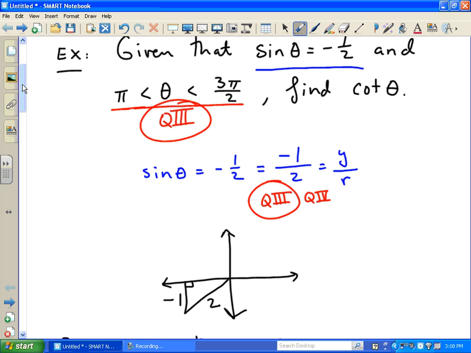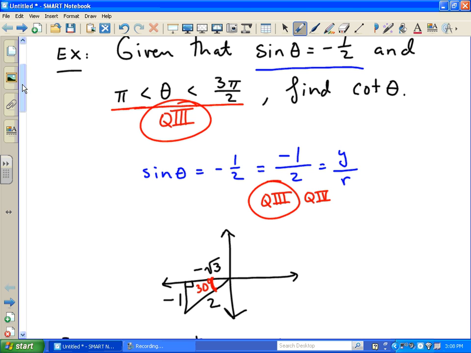The other side would be labeled as the negative square root of 3, and what that would do for me is give me a reference angle of 30 degrees next to the negative square root of 3. So I don't need to really do any work to find that missing value of x because that missing value of x is known.